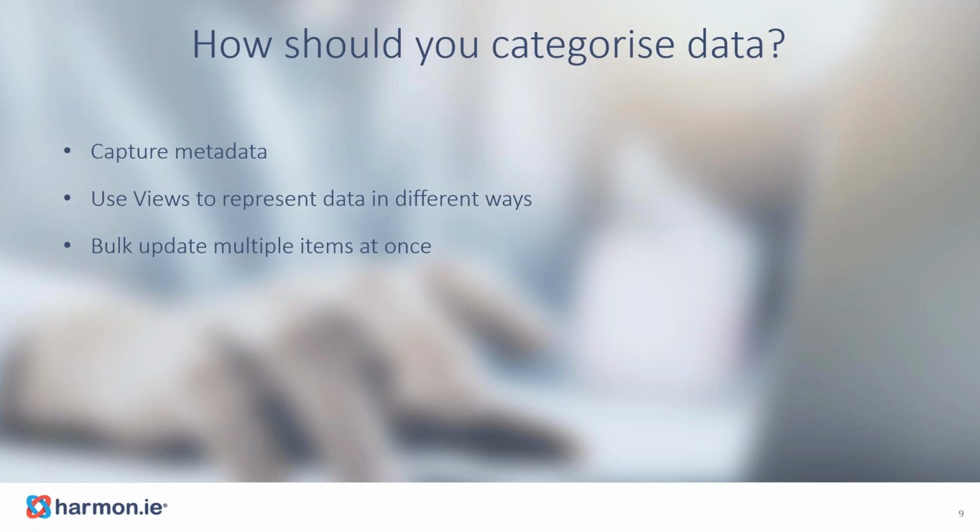It might be header information from emails being automatically filled in without the user having to do that, but then prompting the user to add some other metadata to categorize further the documents and the emails that you're storing. Also, being able to do that en masse is quite tricky in a web interface, and with Harmony we can do that very, very easily.